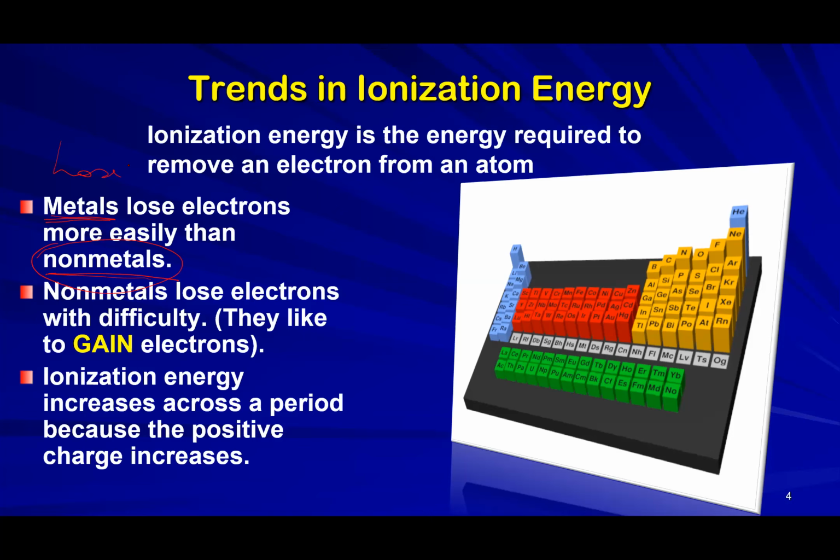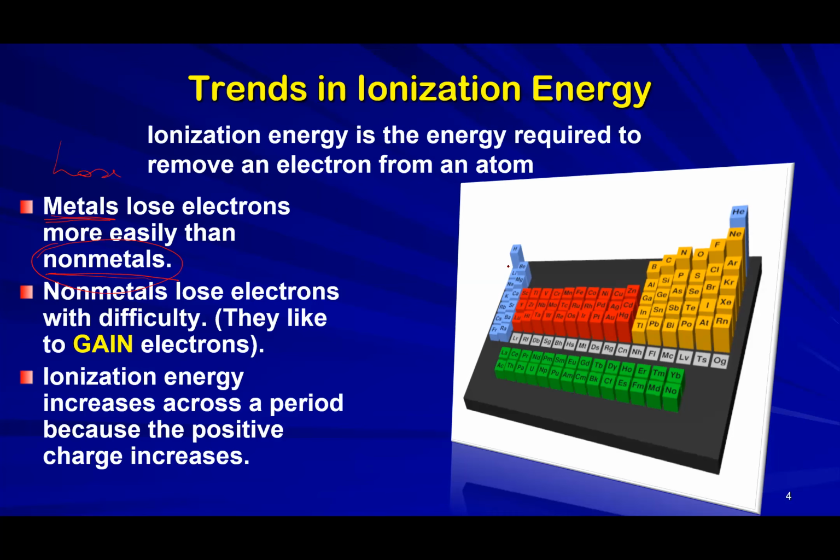If the size is becoming smaller, then the electrons become more strongly attracted by the nucleus. And if they are more strongly attracted, then you will find them to be very difficult to remove. So as you move across the period, ionization energy increases.